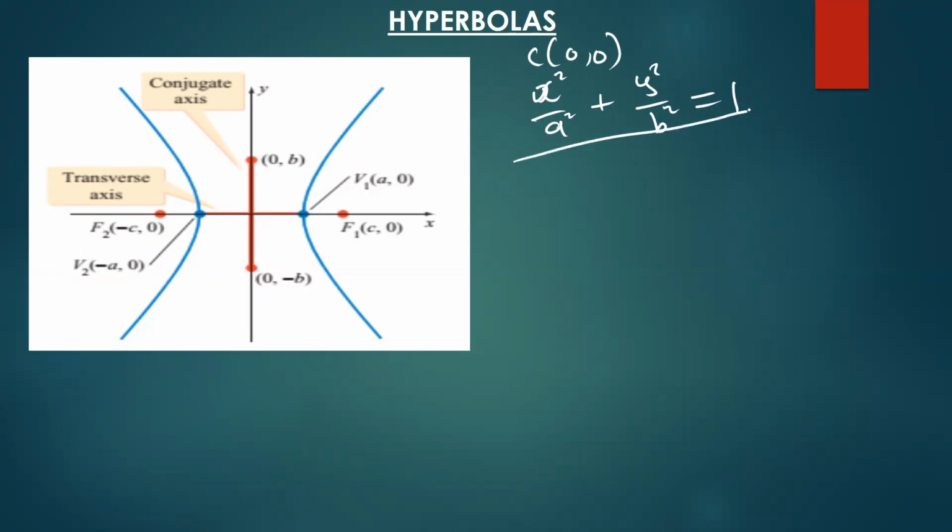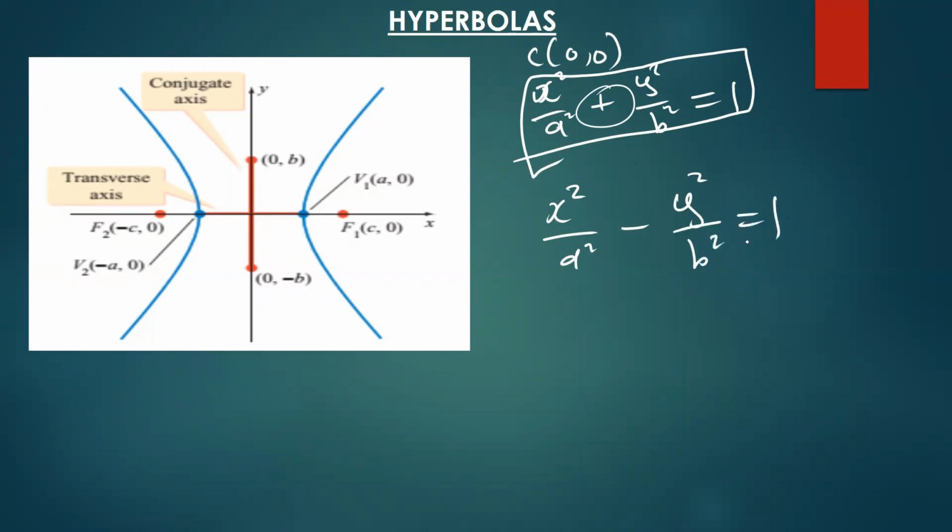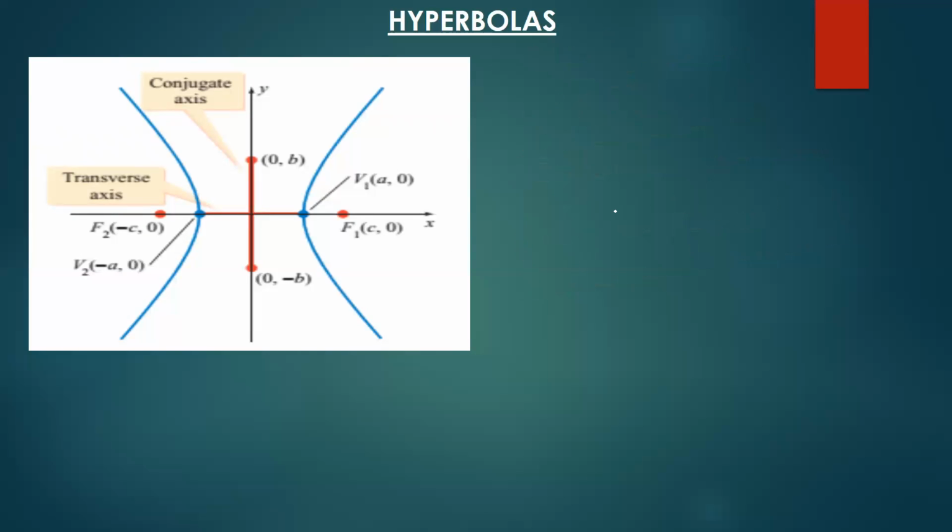So this is the general formula of the ellipse. But for the hyperbola, you only just have to change the sign there. Instead of putting a plus, you're going to be putting a minus. Yes, so this is the equation of the hyperbolas. Okay, so let's take a look at how to describe the hyperbola.